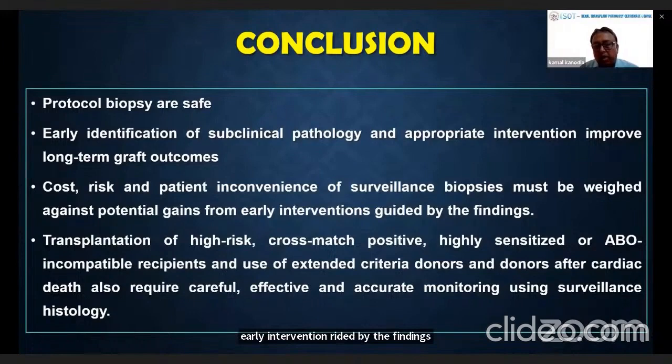Transplantation of high-risk, cross-match positive, highly sensitized, or ABO incompatible recipients, and use of extended criteria donors and donors after cardiac death also require careful, effective, and accurate monitoring using surveillance biopsy. So basically, it is totally dependent on the transplant center whether they should start the protocol biopsy or not, because as such, there are so many advantages of protocol biopsy as we have discussed.